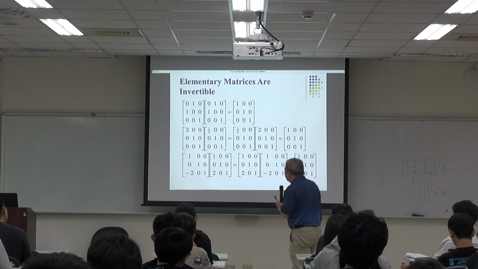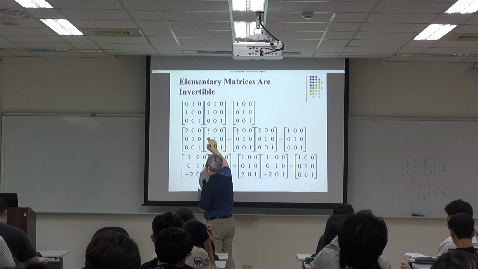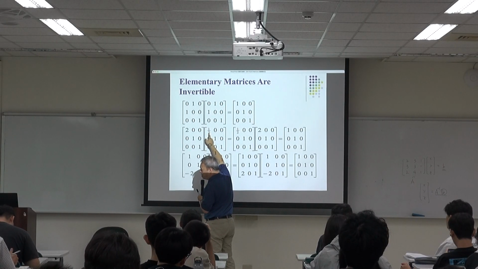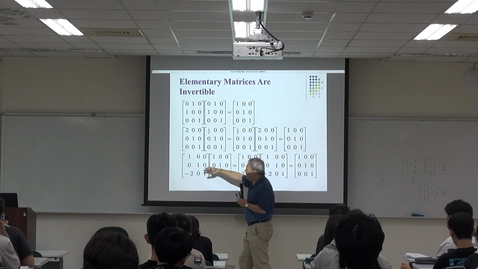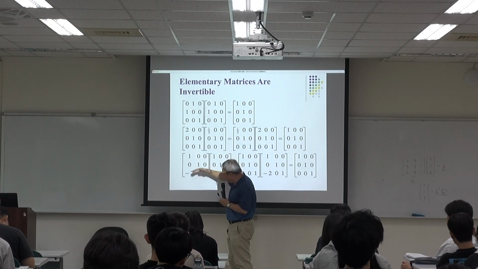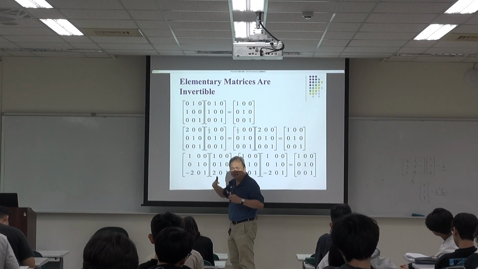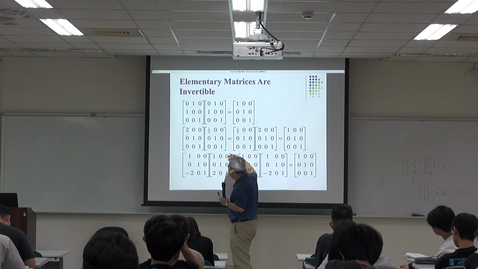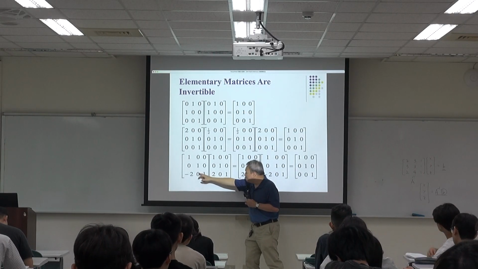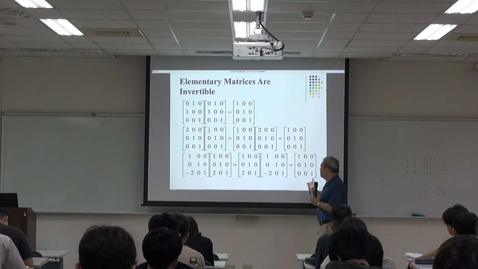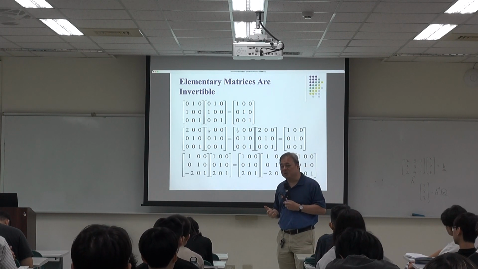And if you multiply the first row by 2, you can obviously do the inverse, multiply the first row by 1/2, to get the identity matrix. If you multiply the first row by -2 and add to the third row, you can reverse the effect by multiplying the first row by 2 and adding to the third row, right? You can see that when you multiply these two, you get an identity matrix. So all these elementary matrices are invertible.